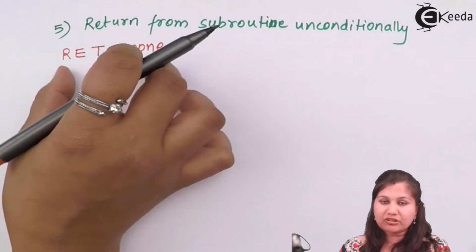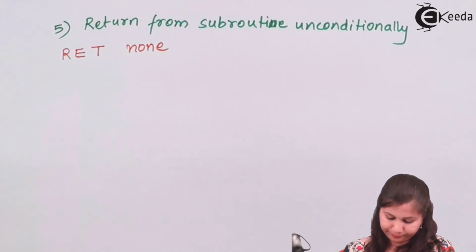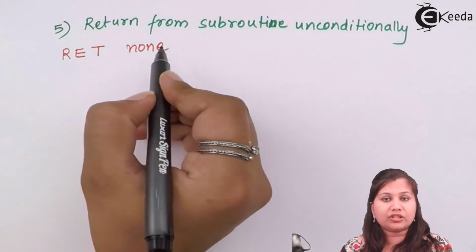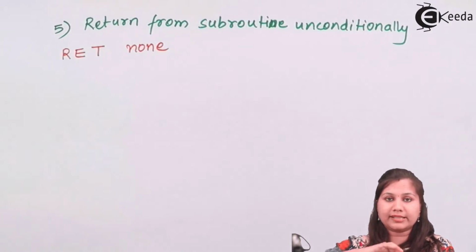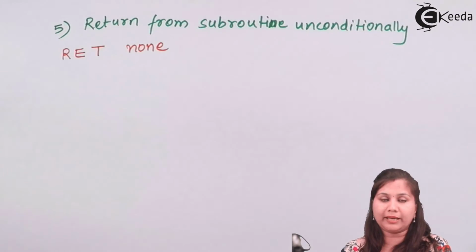So due to this instruction, the program sequence is transferred from the subroutine to the main program, or the instruction which is written after the call instruction. Now when this return instruction is executed, the contents of the stack are popped two times. First we will get the higher order address and then we will get the lower order address.